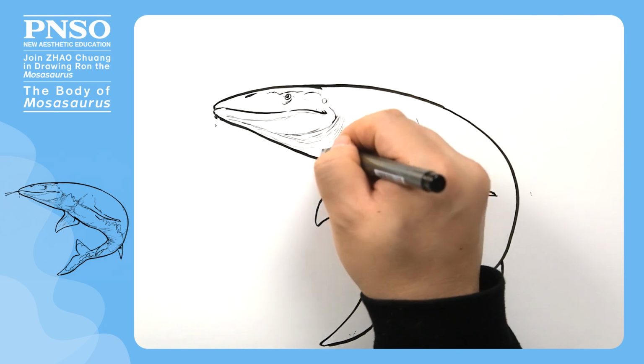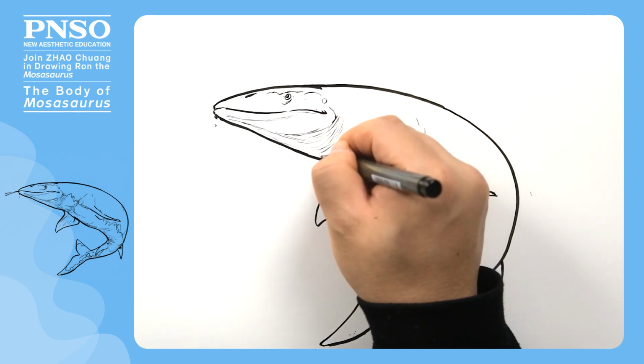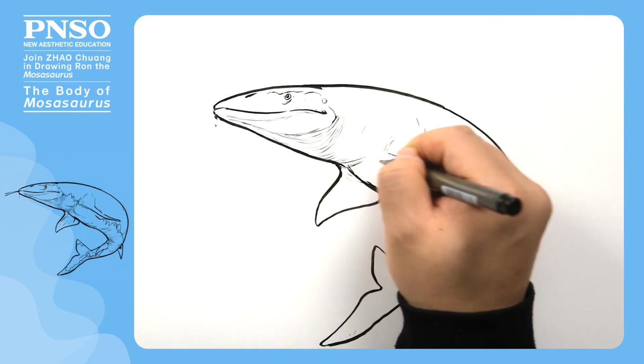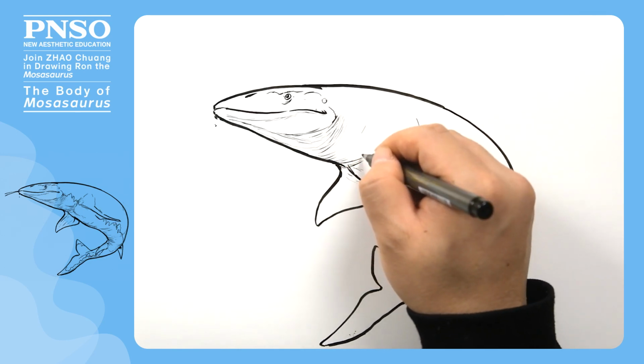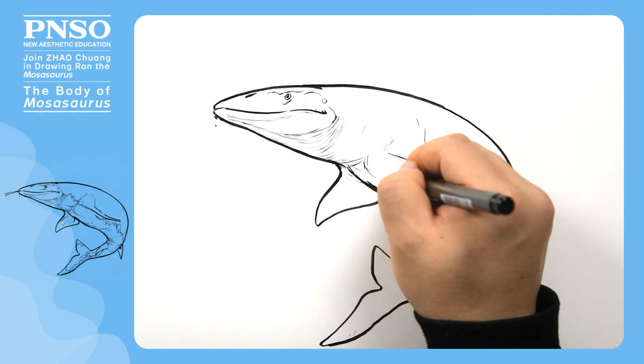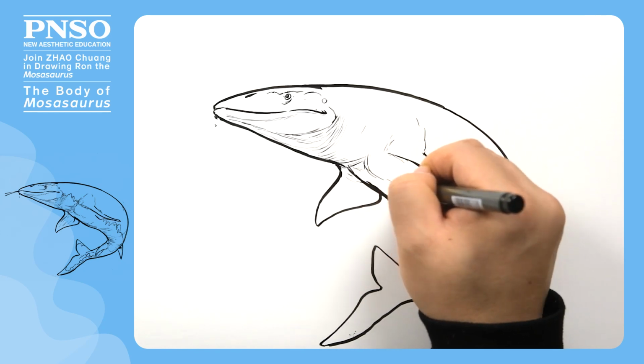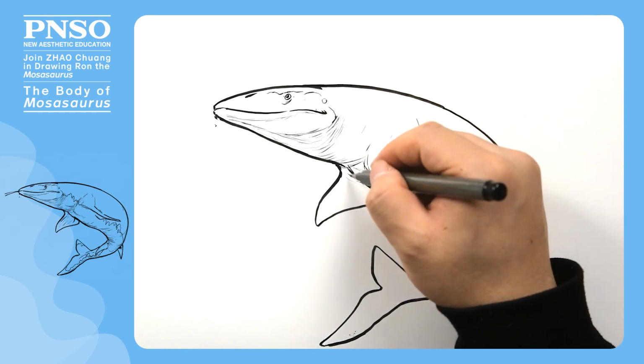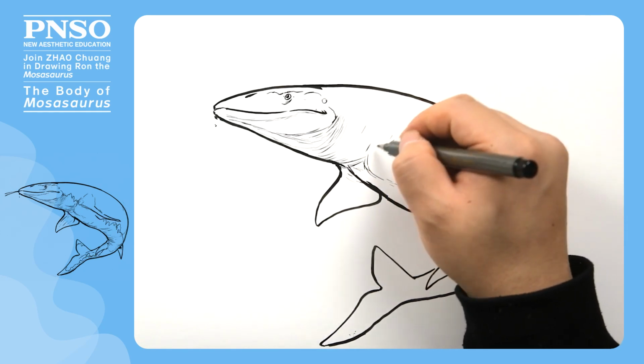Under its throat and other parts with frequent movements, we can draw some wrinkles. Then the boundary of the muscles on its left and right chest.